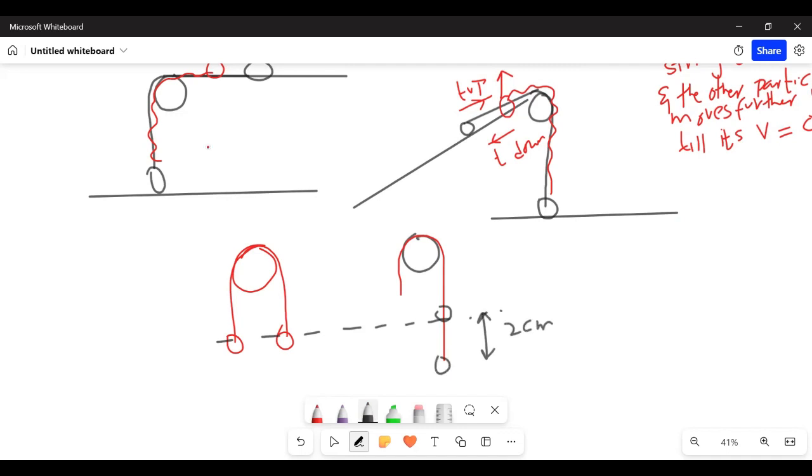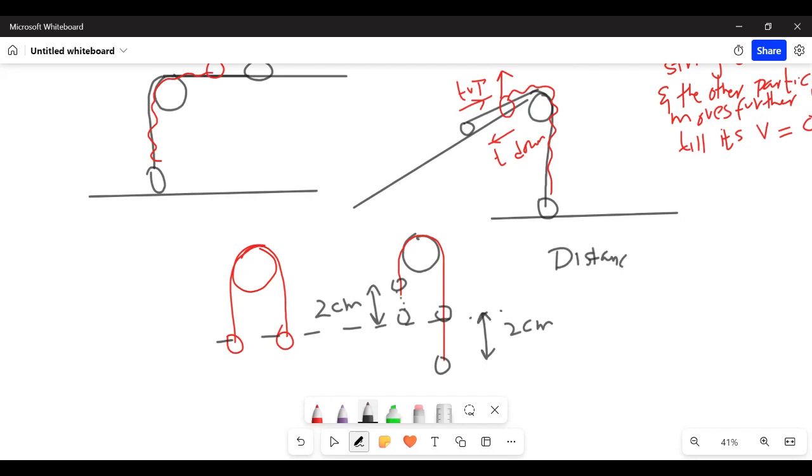Then the other particle has gone 2 centimeters up, since they're connected to the same string. So the distance covered by the particles at a particular instant is also the same, just like velocities.